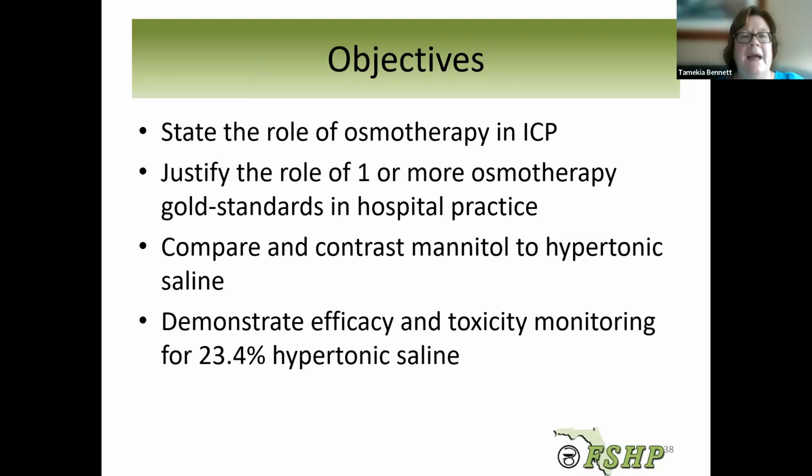So what I'd like to do is start by justifying the role of more than one gold standard in the hospital. My therapeutic conundrum is, can we have 2 gold standards? One based upon ICU, neuro ICU, and one based upon ED and other areas in the hospital. And then I'm going to compare and contrast different osmotherapy agents, and then we're going to talk about efficacy and toxicity monitoring for what we're going to be using in the neuro ICU.